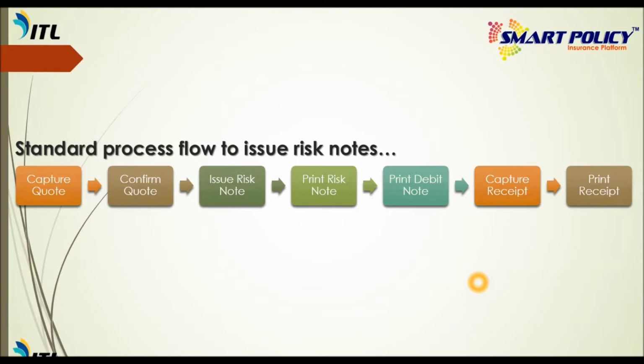Once you capture the quote and the customer confirms the quote, you issue the risk note. Once you issue the risk note, you can go to the risk note screen and print the risk note. Then from the risk note screen you will go to the debit note screen, print the debit note, then capture the receipt against the debit note, and then print the receipt.